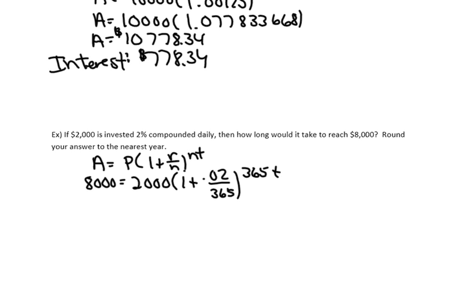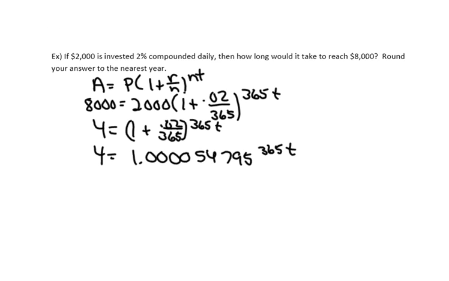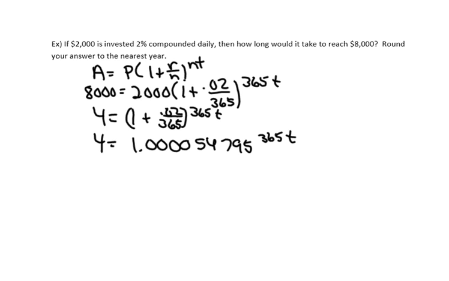Okay, so I'm going to divide both sides by 2,000. And now I want to simplify what is inside the parentheses. Now, notice here the equation has the variable t in the exponential power. If you recall, if I can introduce logs into this problem, I can easily alleviate that problem.